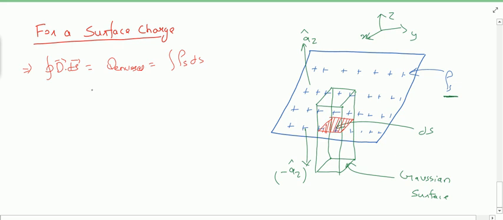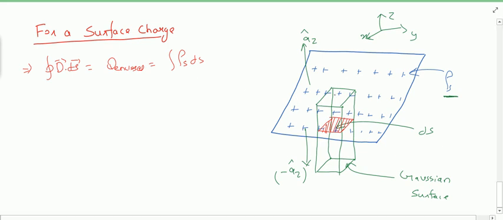Now the charge enclosed here will be this area multiplied with the surface charge density, right? Now we'll see the surface vector of the surfaces of the Gaussian surface.